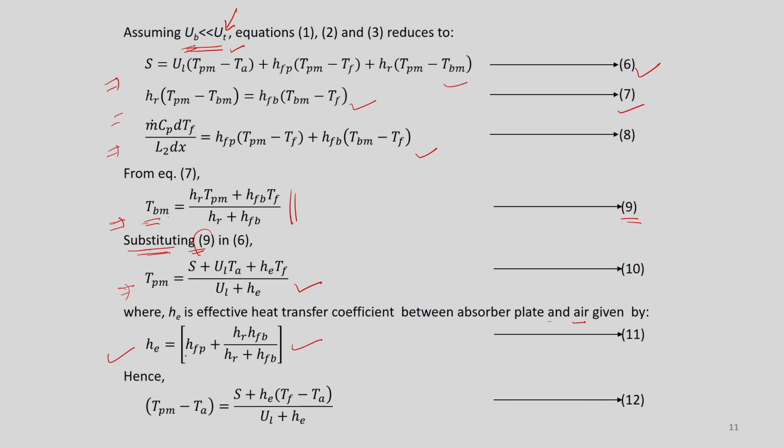So, this effective heat transfer coefficient is a function of the heat transfer coefficient between the plate and the fluid, the radiative part, and the bottom plate to the fluid, and this expression, right. Then we can introduce this h_c in equation 10, and we can have this expression.